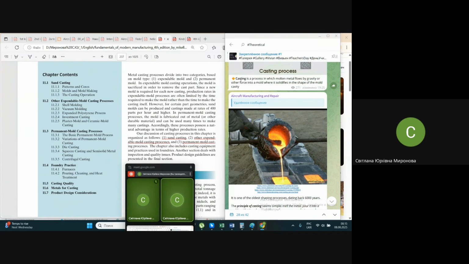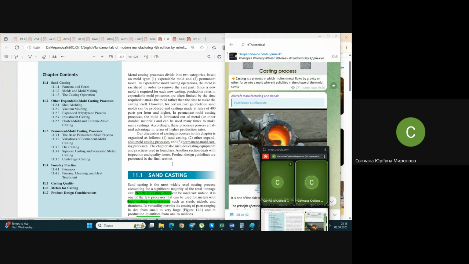We may understand the primary classification, as I said, like what is the type of mold and how this mold appeared. Do pay attention to the proposition of this author. It's categorized as sand casting, permanent mold casting, and other expendable mold casting processes.